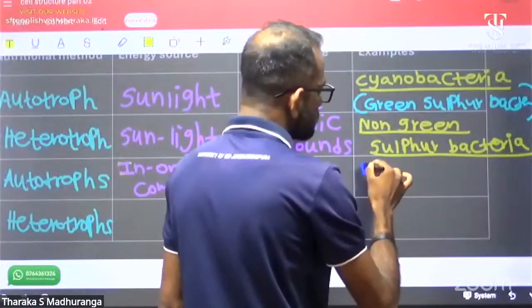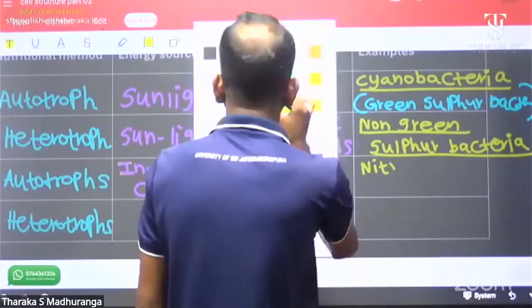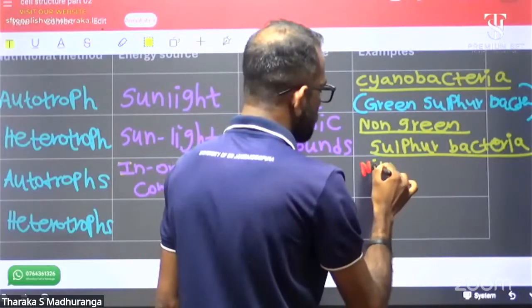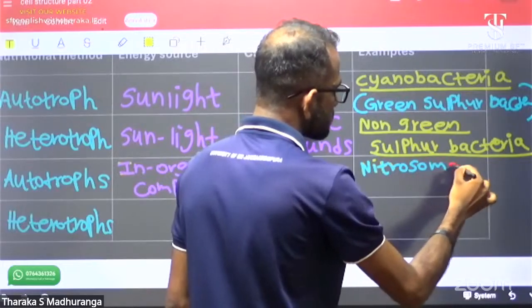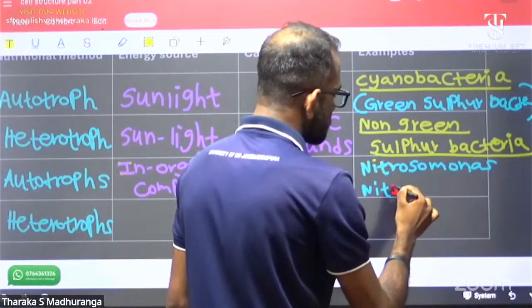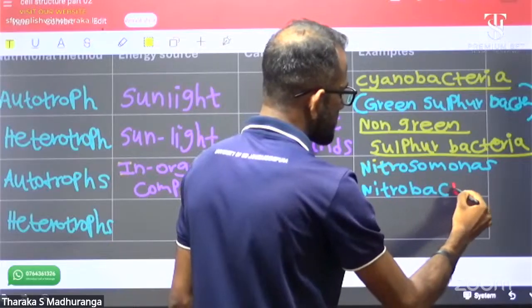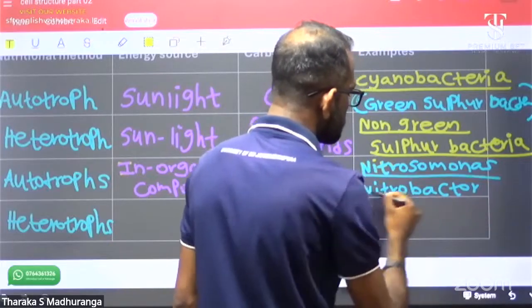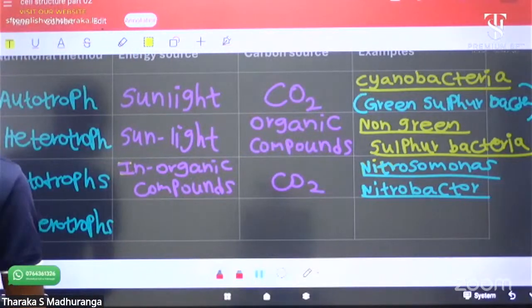Remember, it has specific equations and examples. The first one, Nitrosomonas. Nitrobacter. Nitrosomonas and Nitrobacter are the examples. These are the ones given in the syllabus.